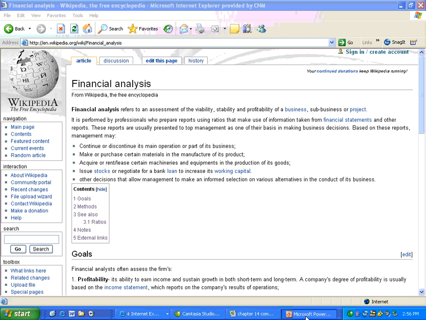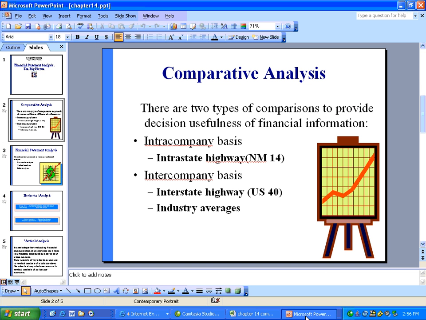We're going to talk about financial analysis, and in general, when we're performing a financial analysis, we're comparing data to something. In this case, we've got two types of comparisons that we can make, and we're going to try and derive information out of data. You all have had a lot of classwork learning how to analyze financial transactions, decide whether they need to be recorded in the books, and then after you've recorded your journal entries and created trial balances, you've learned how to create generally accepted accounting principle financial statements.